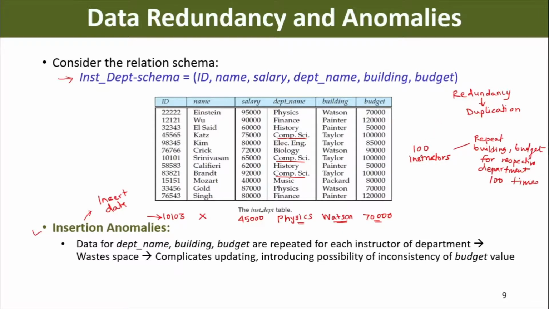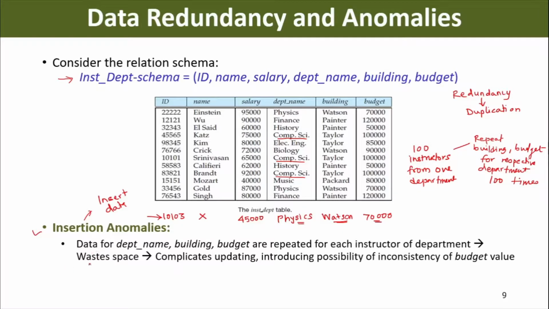So I am going to repeat this building and budget information for that department 100 times, right? So I am storing the same data 100 times for 100 tuples belonging to that particular department.